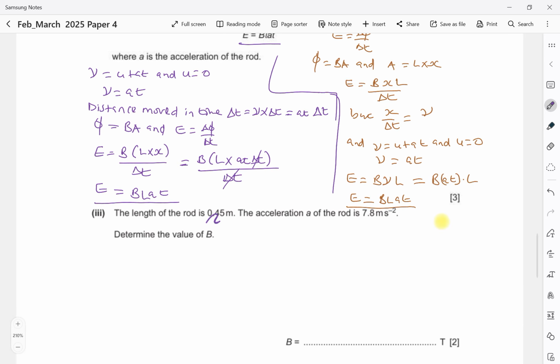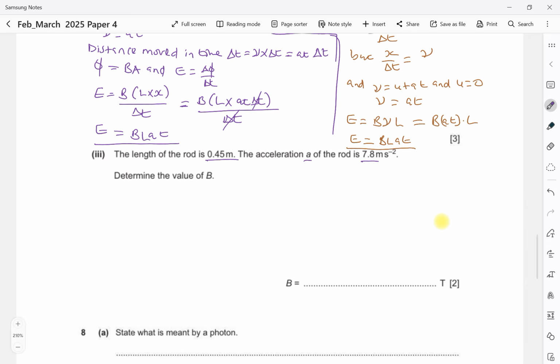The length of the rod is 0.45 meters. The acceleration a of the rod is 7.8 meters per second squared. Determine the value of B. So we're just substituting into E equals BL times at.